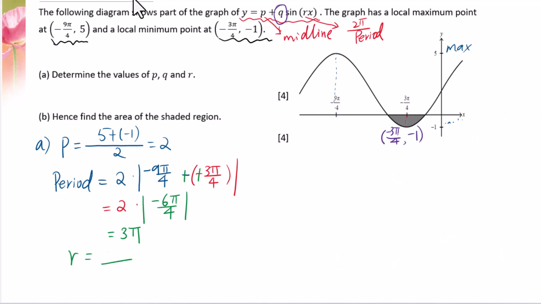R equals 2 pi over 3 pi equals 2 over 3.